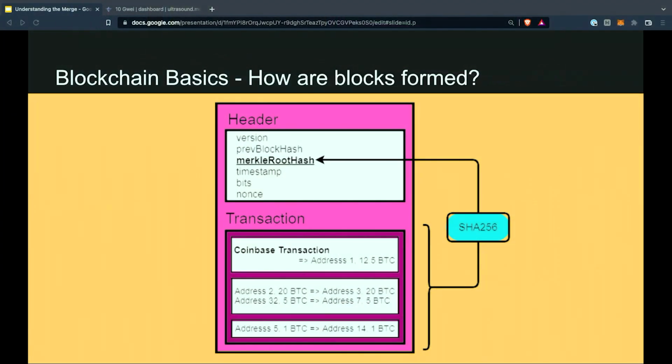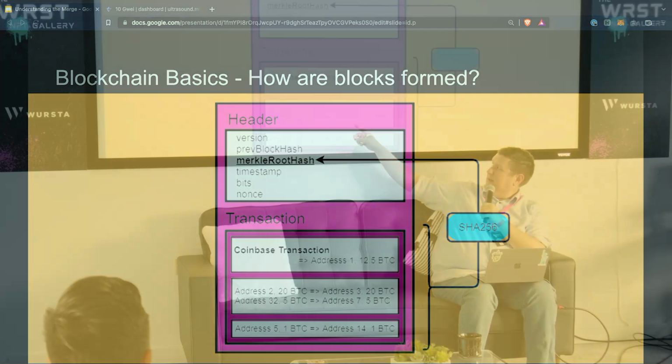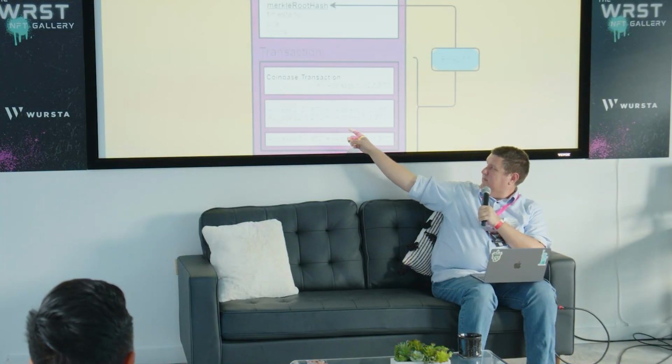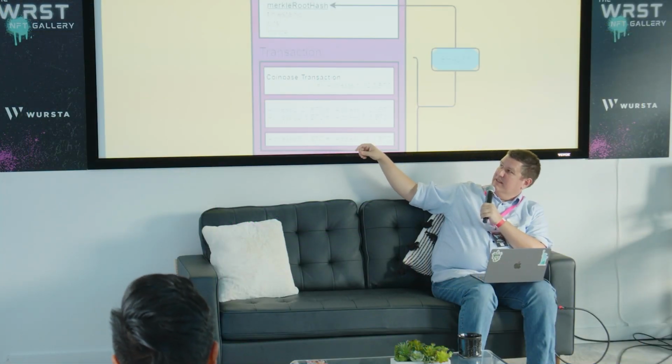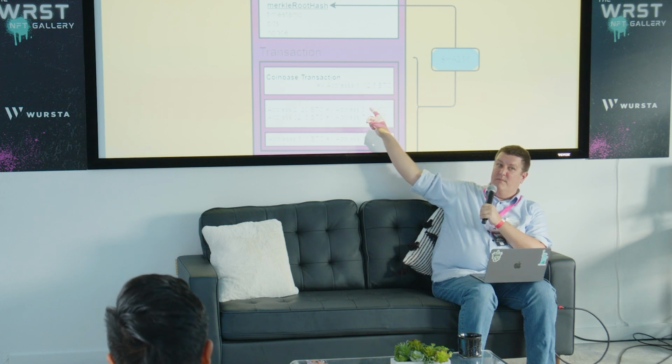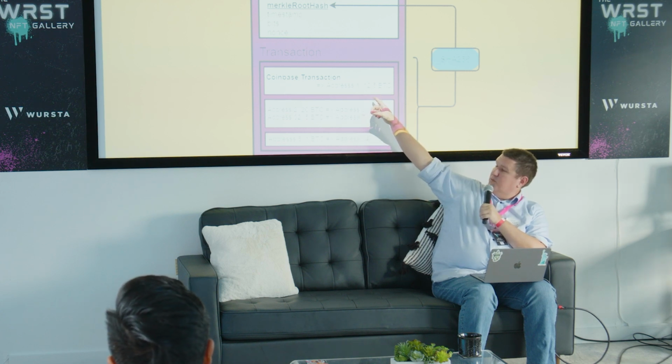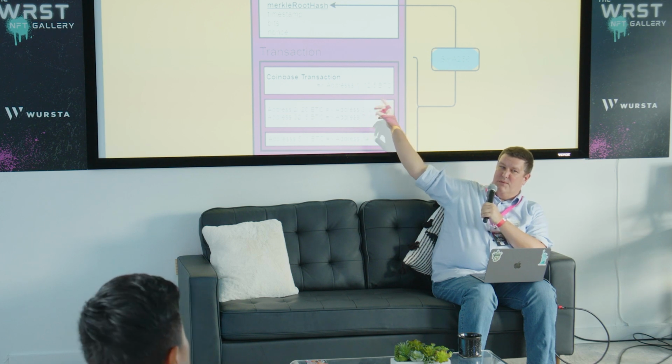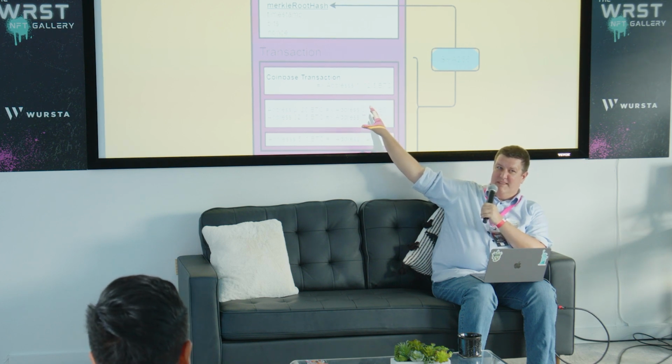So just to recap, blockchain basics, how are blocks formed? You have an order of transactions at the bottom here. Pay Sally 20 Bitcoin, pay Jimmy 5 Bitcoin, and this thing that's called the Coinbase transaction is, and pay me, in this case, 12.5 new Bitcoin for having mined the block, right?